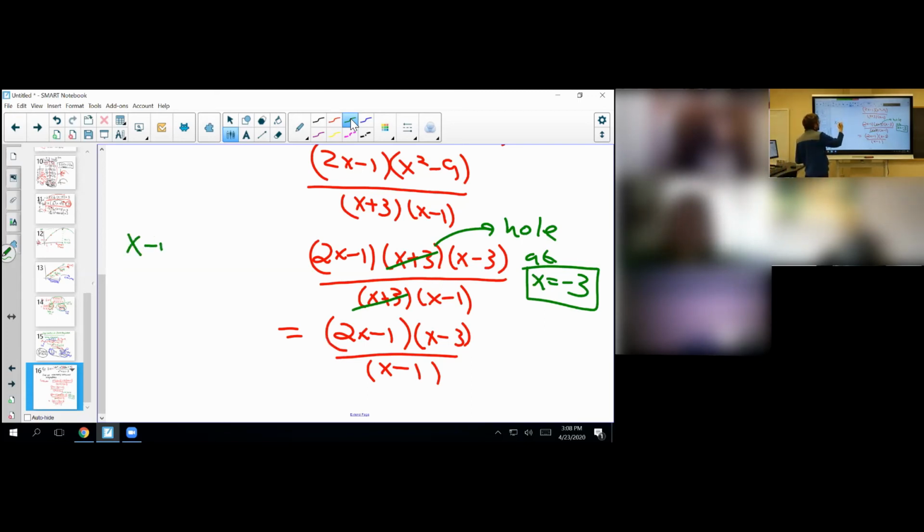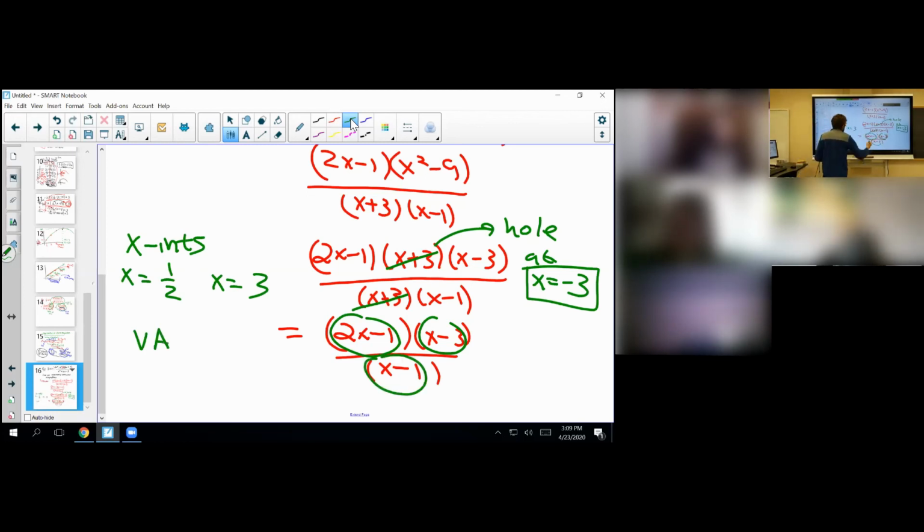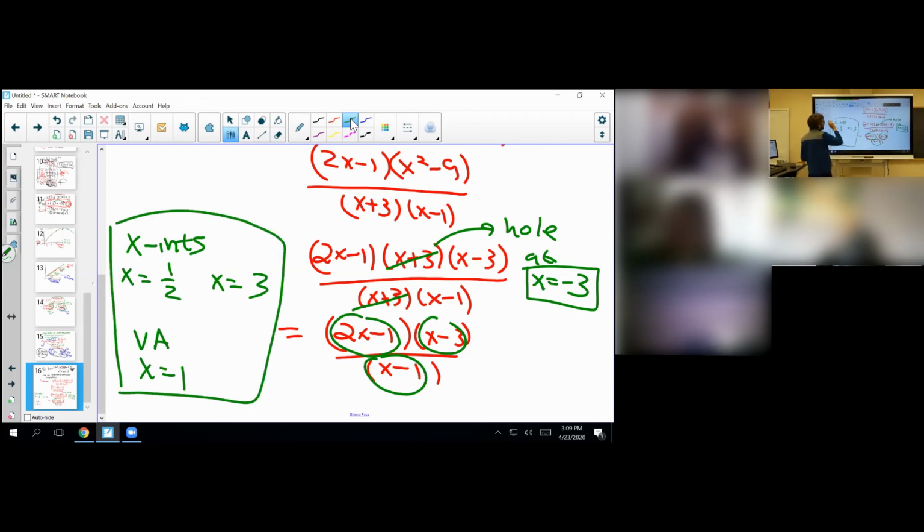We get x-intercepts at 1/2 and 3. Those are the x-intercepts, and we get a vertical asymptote, a VA, at 1. Okay, great.